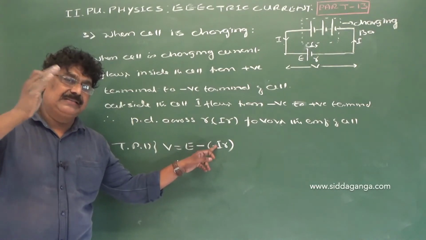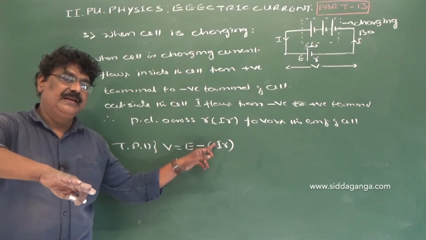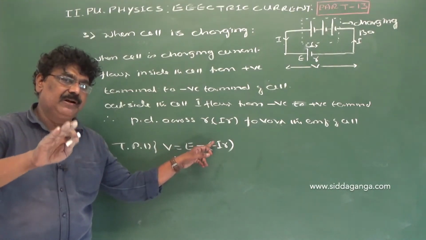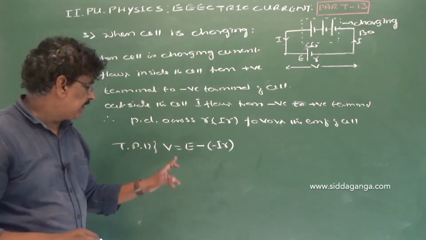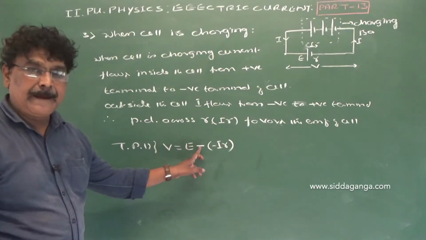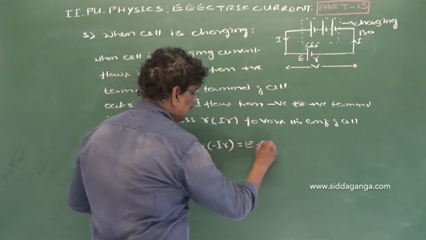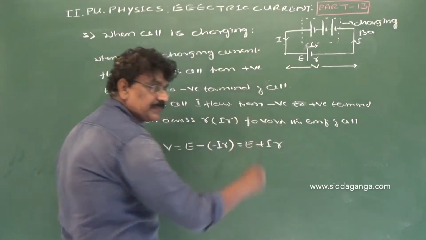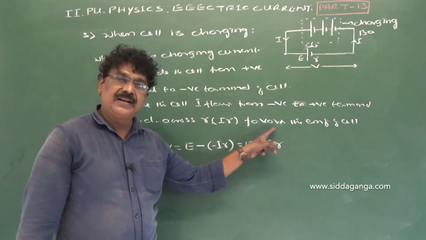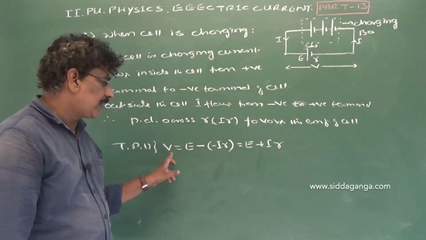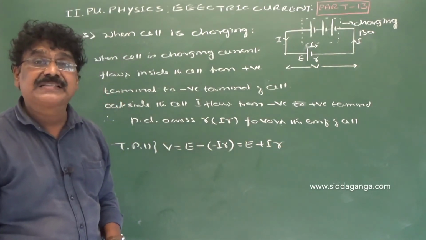While the cell is charging, this potential drop across the internal resistance favors the EMF. Therefore, V is equal to E minus of minus IR, that is equal to E plus IR. Now, since IR has a finite value, this terminal potential difference is greater than the EMF of the cell.